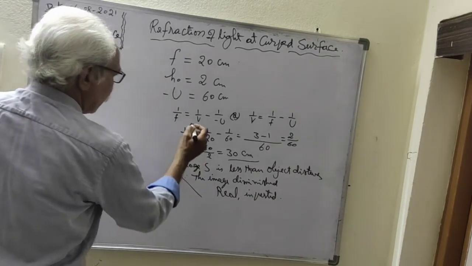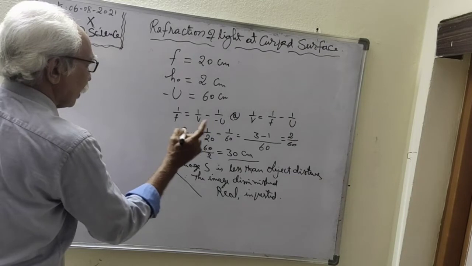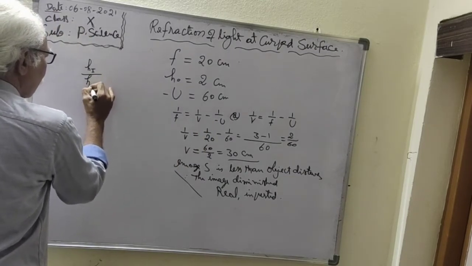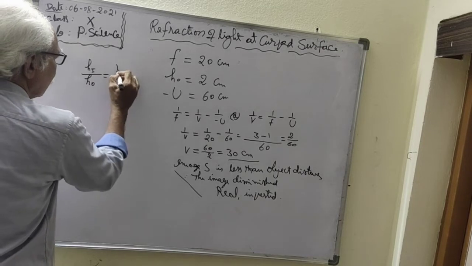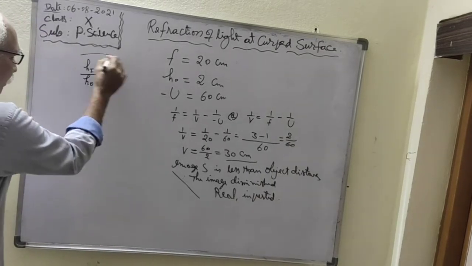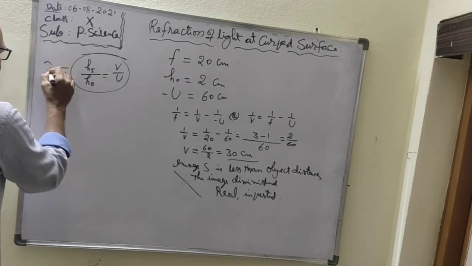For the height of the image, we can use the magnification formula. Height of the image by height of the object is equal to distance of the image by distance of the object. This is magnification.